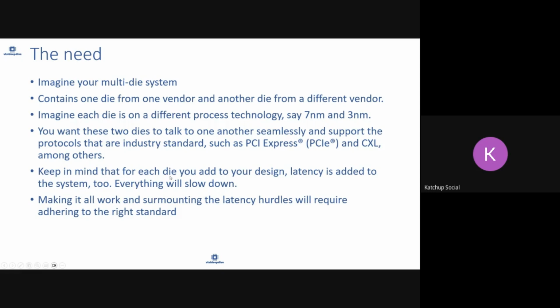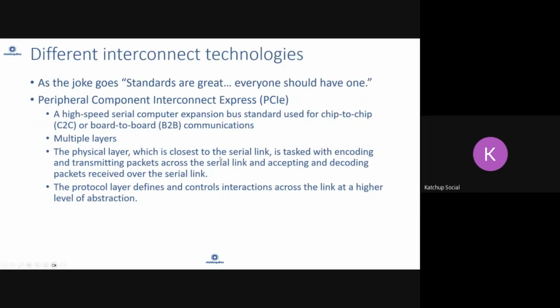Keep in mind that each die you add to your design also adds latency to the system, so everything will slow down. Making all of this work together with the latencies that will come into the picture requires a standard for these die interconnections.